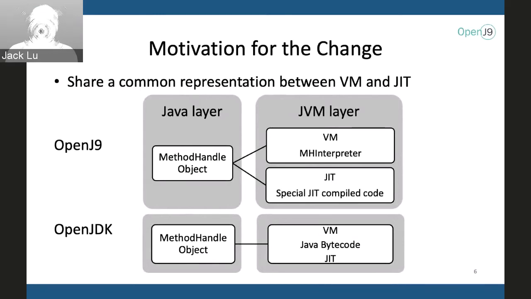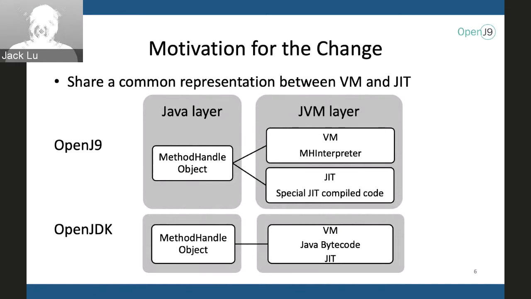On the other hand, the OpenJDK implementation uses custom Java bytecode generated from the JCL to handle the method handle operations. As Java bytecode is recognized by both VM and JIT, we do not require any special handling in the VM and JIT design anymore.